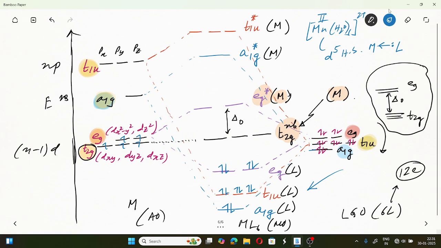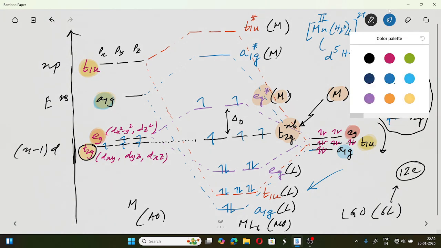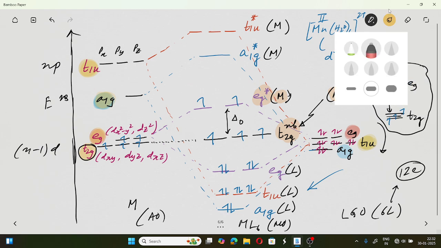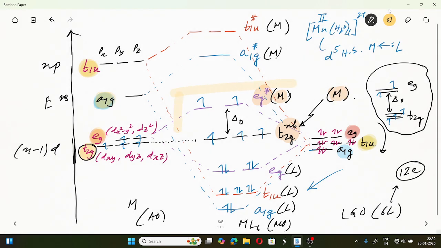So in crystal field theory, we write like this, D5 high spin. And in molecular orbital theory, we will write like this. That means what we are trying to emphasize is that if you compare this portion of molecular orbital theory with crystal field theory, the results are the same.